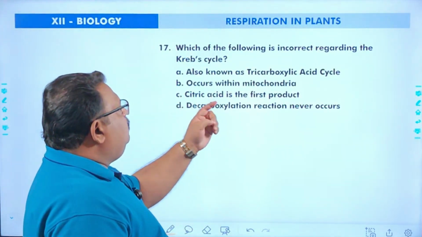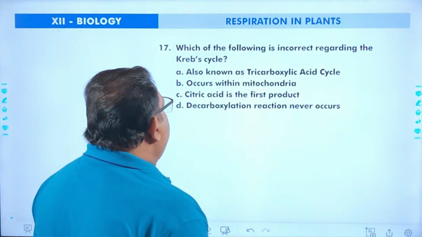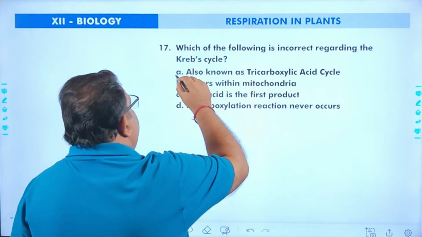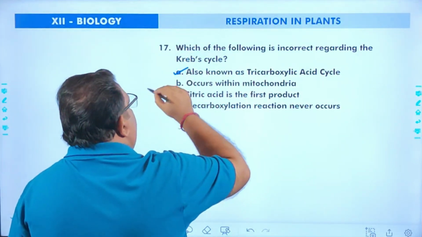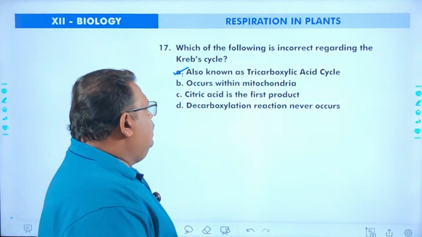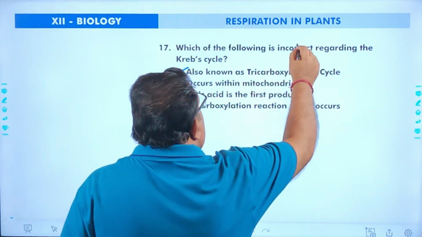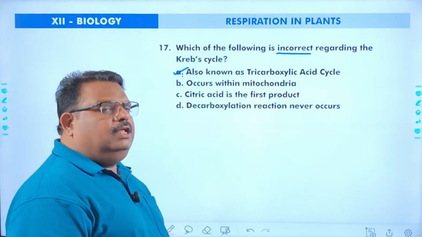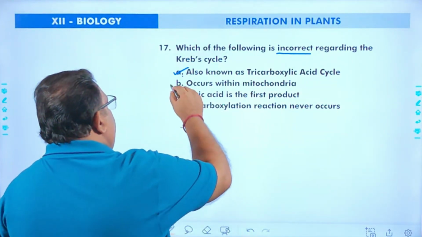Next question. Which of the following is incorrect regarding Krebs cycle? Also known as tricarboxylic acid cycle. That is a right statement. Krebs cycle is also called TCA cycle or tricarboxylic acid cycle. We have to select the incorrect statement. Krebs cycle occurs within mitochondria. That also is a right statement.